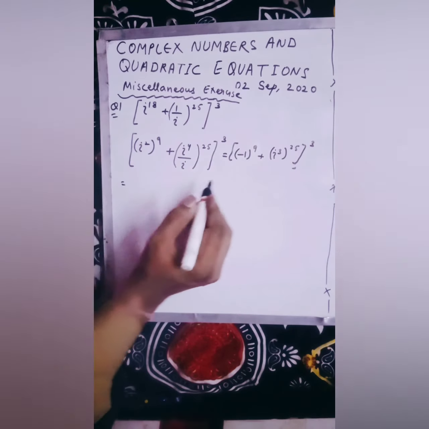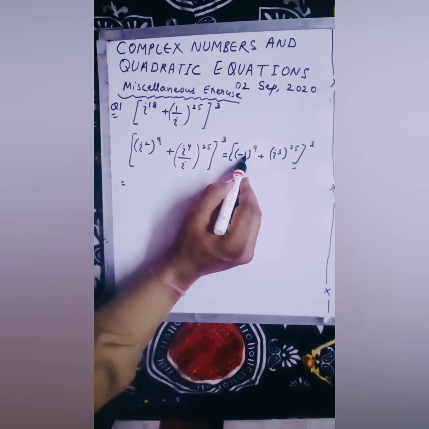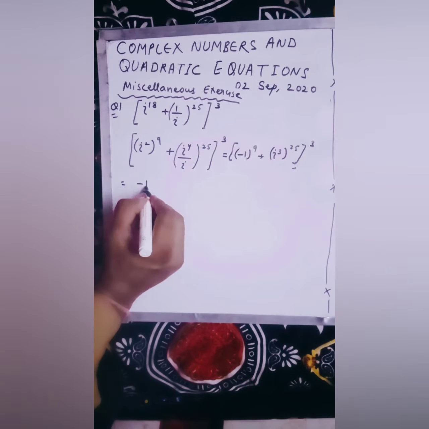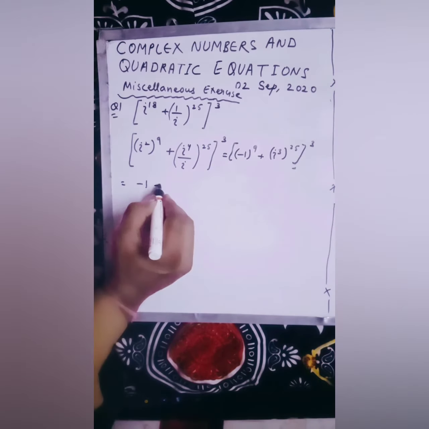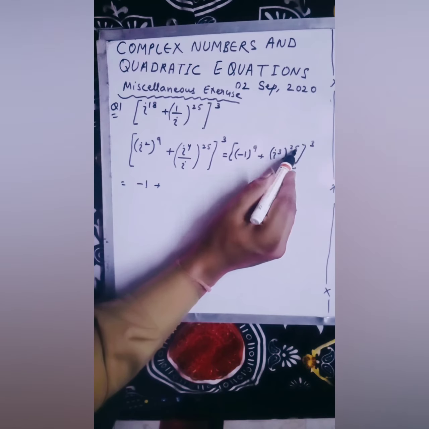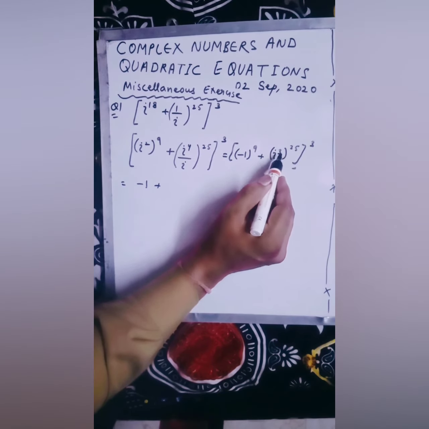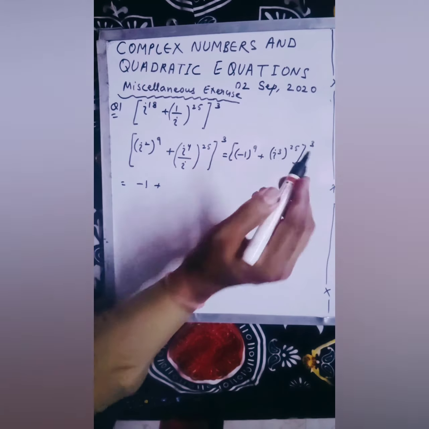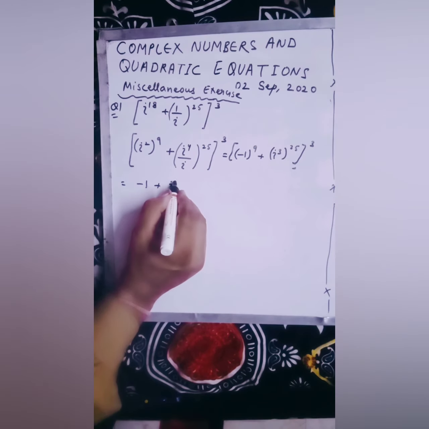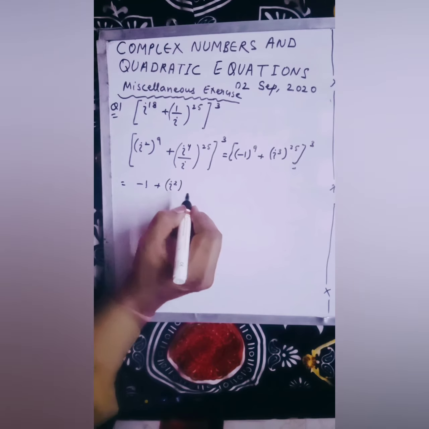Now after this, here it is -1 raised to the power 9, that would be -1. Okay, so here this will be iota raised to the power 75. When you multiply the power, you will get iota raised to the power 75. So I am writing the 75 like this, iota square.